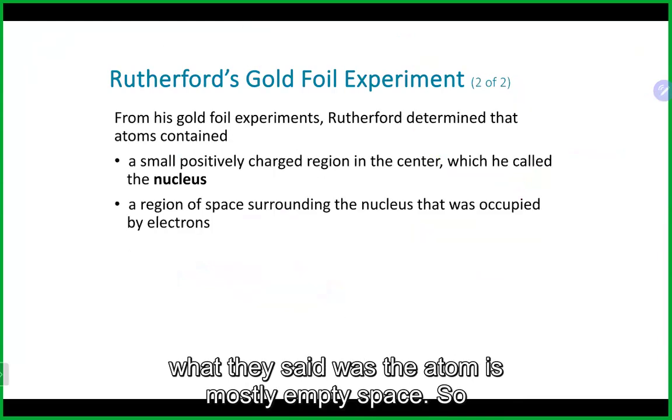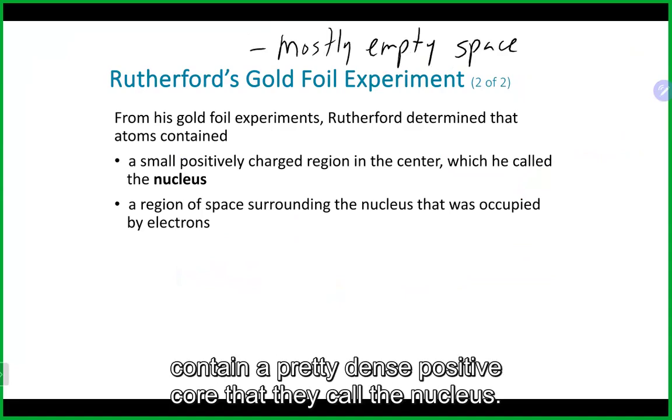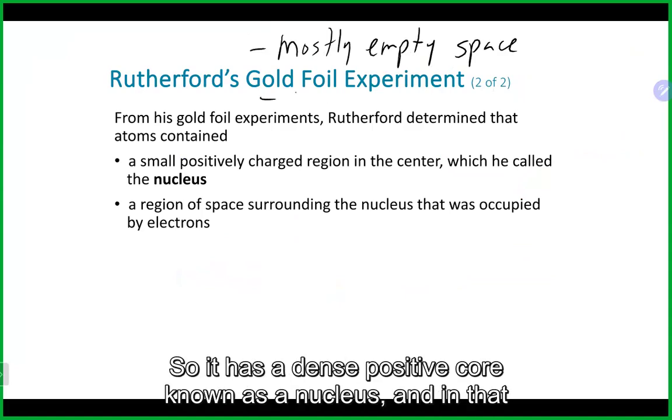Basically what they said was the atom is mostly empty space. So Rutherford said mostly empty space. It also must contain a pretty dense positive core that they called a nucleus. So it has a dense positive core known as a nucleus.